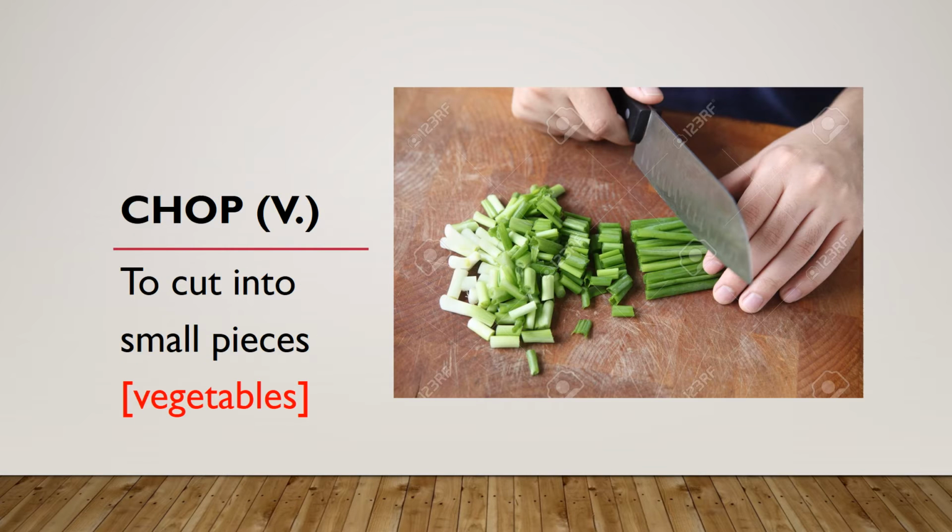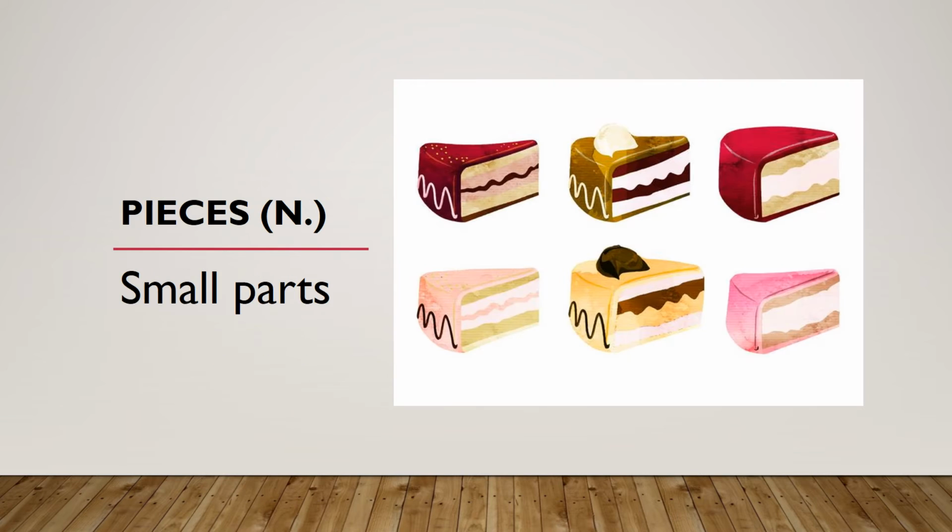Chop is a verb which means to cut into small pieces. We usually chop vegetables. Chop onions. Pieces is a noun which means small parts.